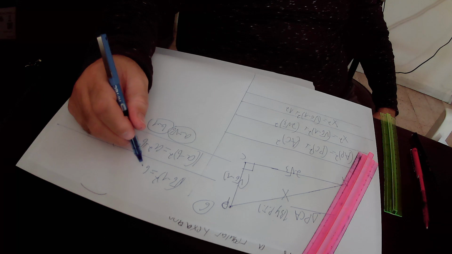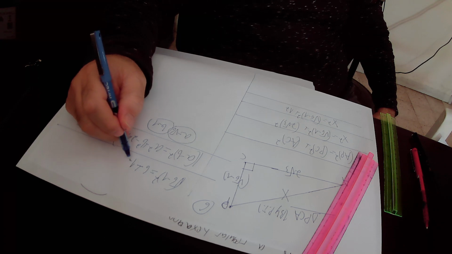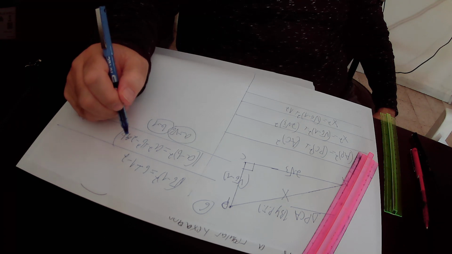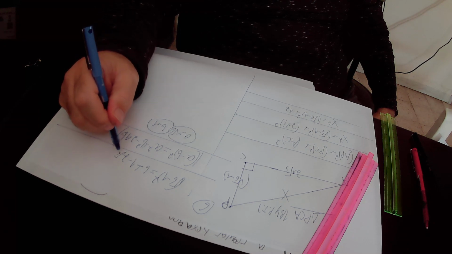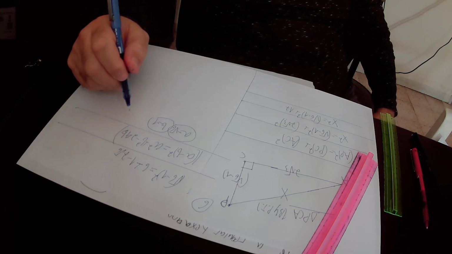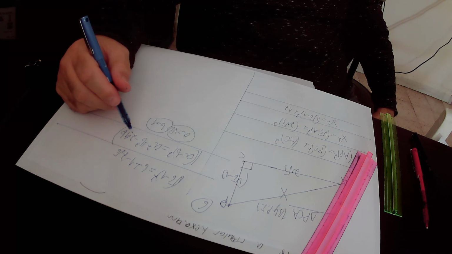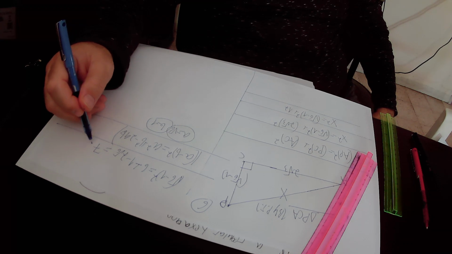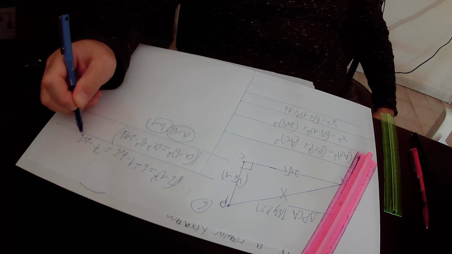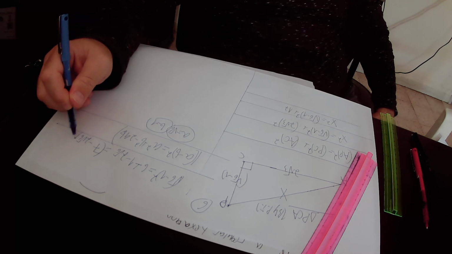plus B squared. B is 1, so B squared is 1 squared, that is 1. Minus 2 times A, which is square root of 6, times B, which is 1. So in conclusion, square root of 6 minus 1 squared, according to this algebraic identity, equals 6 plus 1, that is 7, minus 2 times square root of 6.